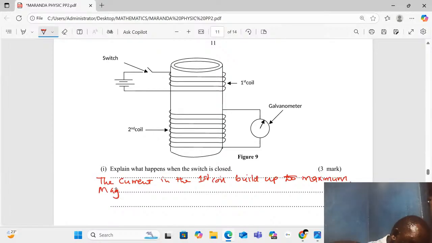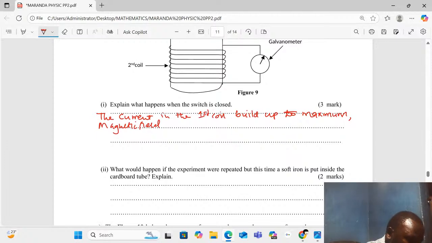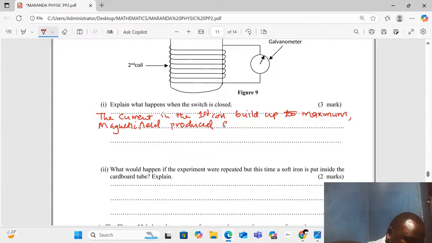The magnetic field produced cuts across the second coil.